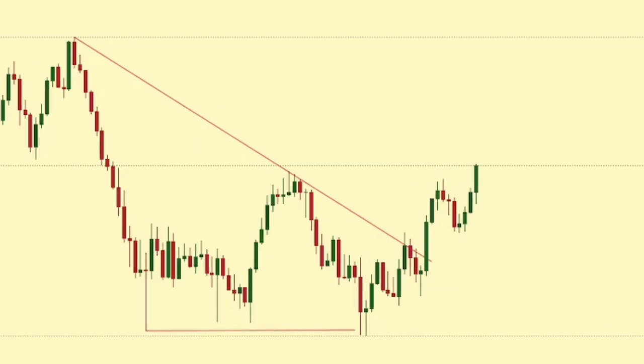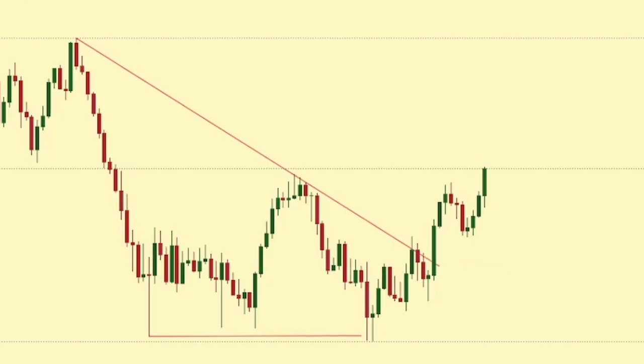Some traders no understand where the proximal line suppose dey and where the distal line suppose dey. Because of that, their entry no dey accurate and many trades dey fail.